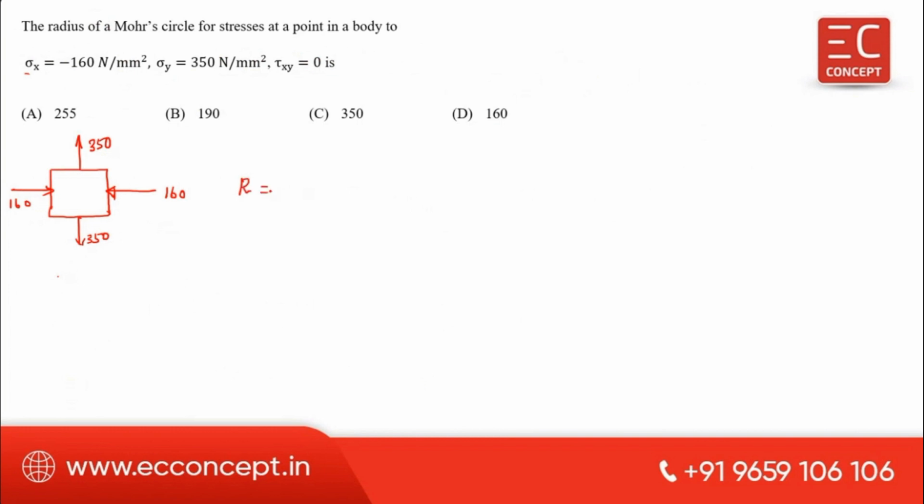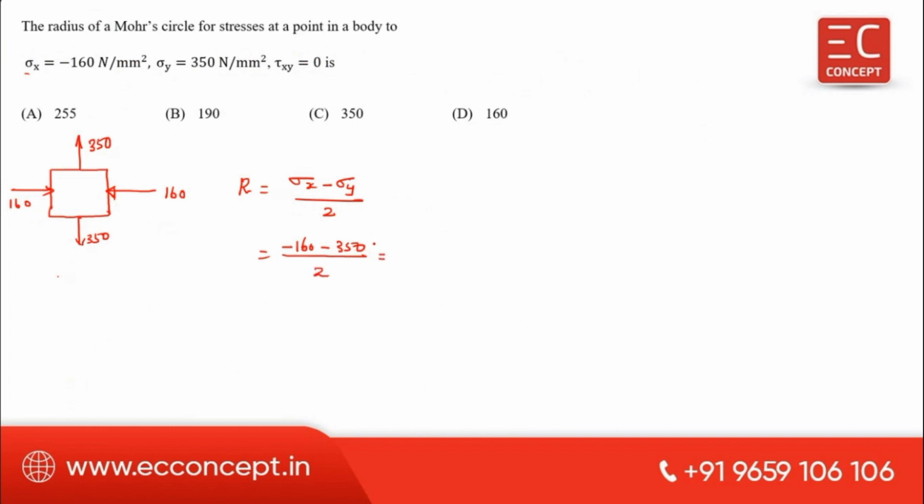Radius of the Mohr circle R is equal to (sigma x minus sigma y) divided by 2. Here sigma x is compression, therefore negative: (minus 160 minus 350) divided by 2.